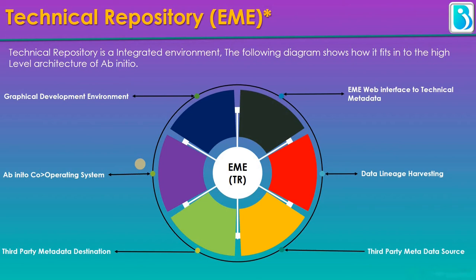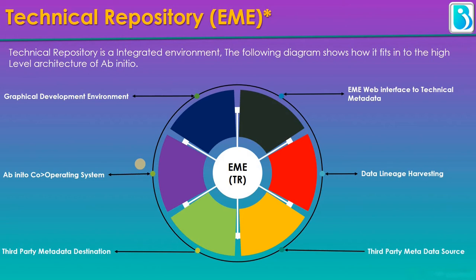They will be accessing all the projects and their code from the Enterprise Meta Environment. EME runs on the server, which can be accessed through the Ab Initio EME web interface, the Technical Repository Web interface. So it can be integrated with the web interface as well.